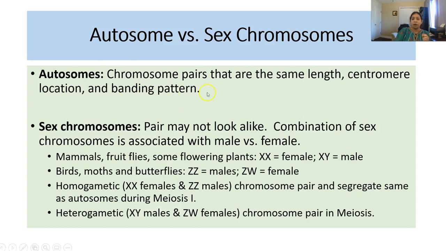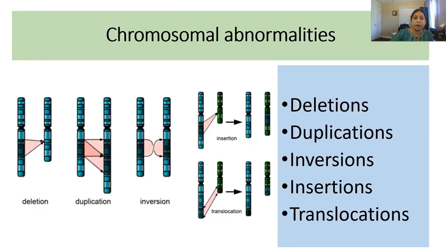Now, autosomes are, on the other hand, all the other chromosomes paired that are of the same length, centromere location, and banding pattern. So they're essentially your homologous chromosome pairs. Those are your autosomes. And with the sex chromosomes, that pair is maybe not the same looking.